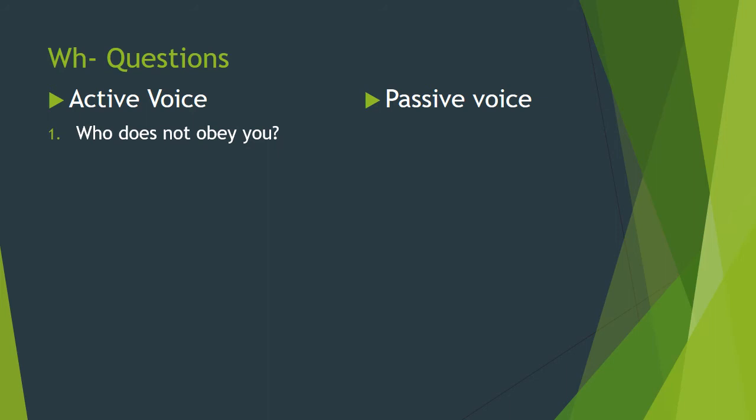Structure: by whom plus the to be form plus the object in the active voice plus the past participle form of the verb. So here it will change to: by whom are you not obeyed. Why have I used are, even though you is singular? Because you is a second person pronoun.